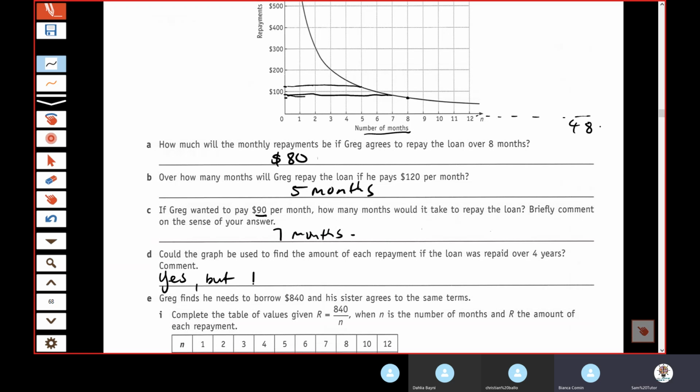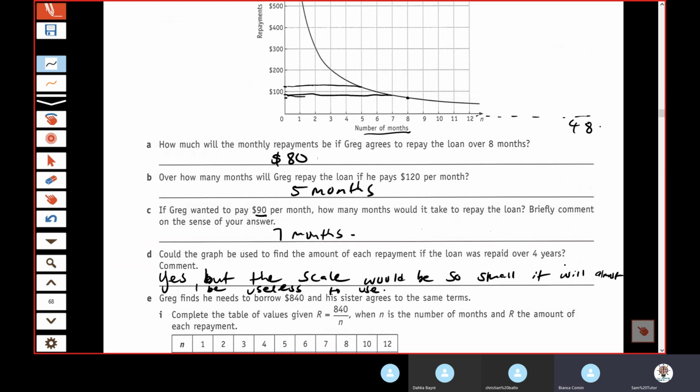Yes, but the scale would be so small, it will almost be useless to use. Technically you could, but it's going to be so close that it's almost useless. So it's more of a no than a yes. But I'm just going to say on technicalities, the answer is yes, but I do have a but.